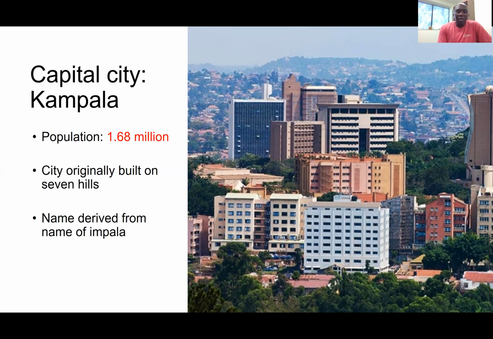It was like a forest of some kind, and it was a hunting ground of a local king who ruled that area. The hills had plenty of impala, which is a sort of antelope. So if you notice Kampala, impala, the name of the animal is the name from which the city Kampala was derived. In a local language, Kampala means the place of the impalas.